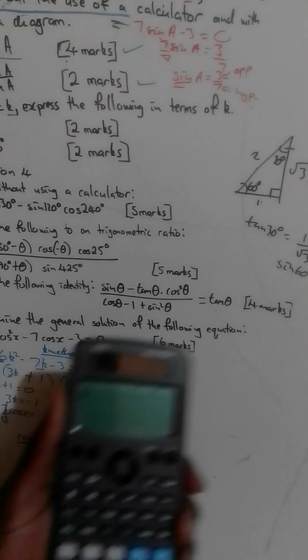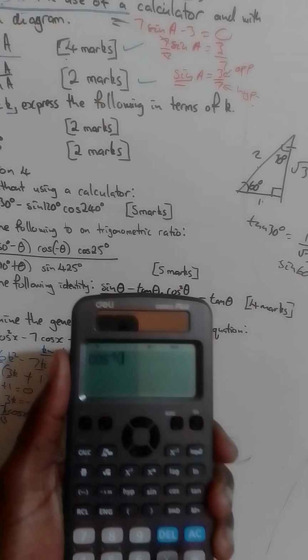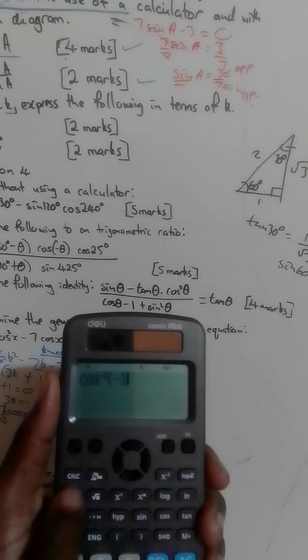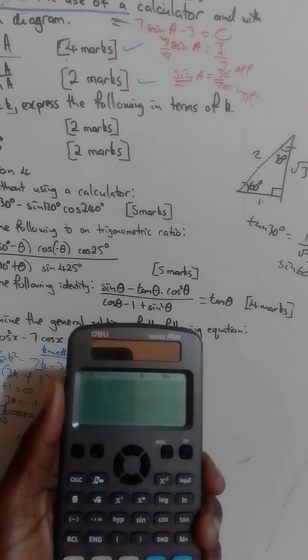So here, if we come to the calculator, we now say shift cos negative 1 over 3, we close the bracket.